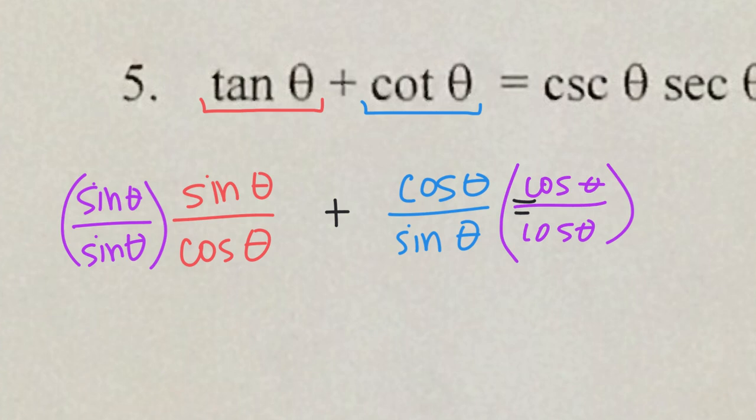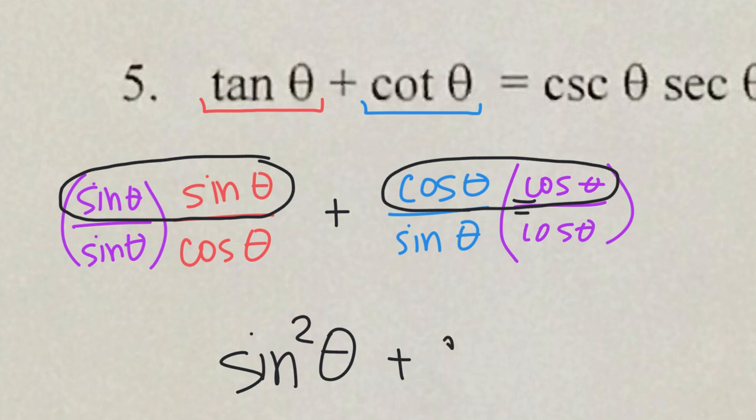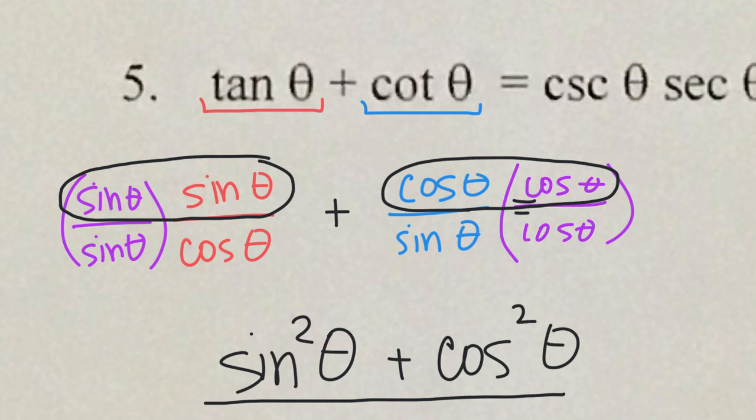So now we go back to our algebra. We multiply sine times sine. That gets us sine squared. We multiply cosine times cosine. That gets us cosine squared. And now we can add these together because we have a single denominator of sine times cosine.